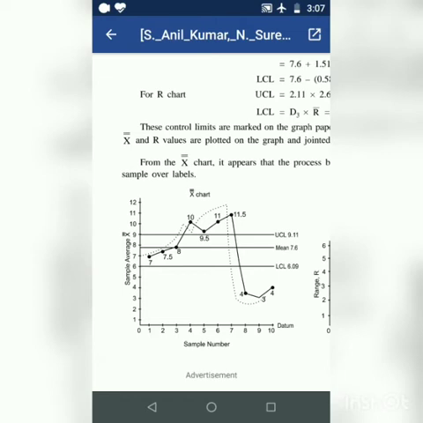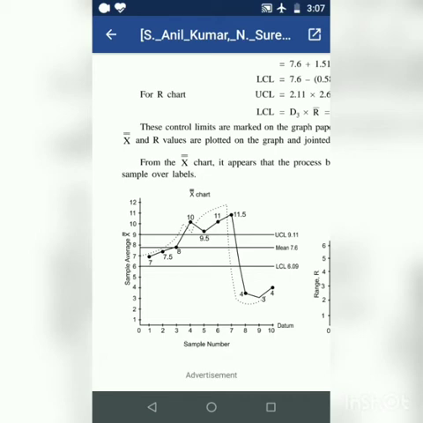We are supposed to look back and determine what the reason was that it went out of control. Similarly, for the 8th, 9th, and 10th samples, we found that it went below the LCL line. That also shows that it went out of control.